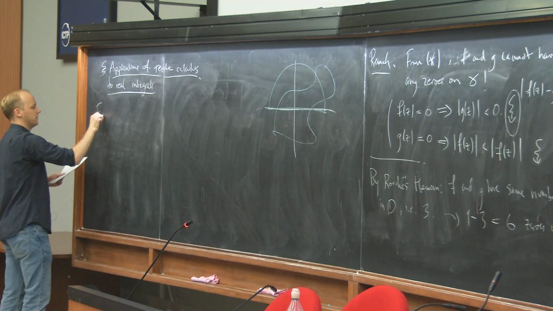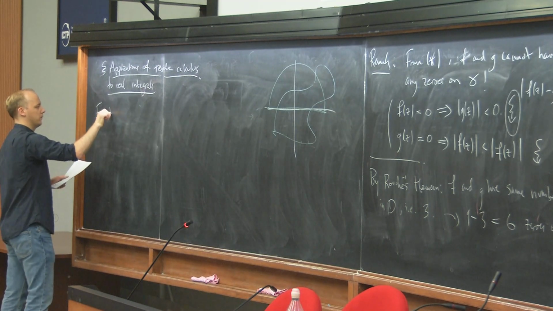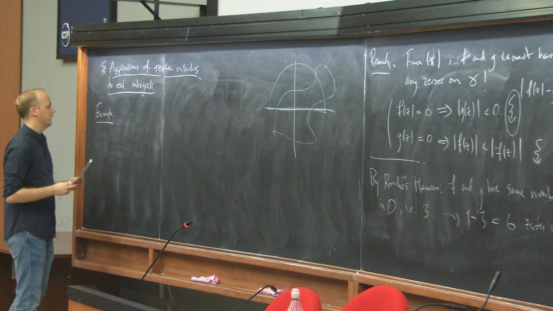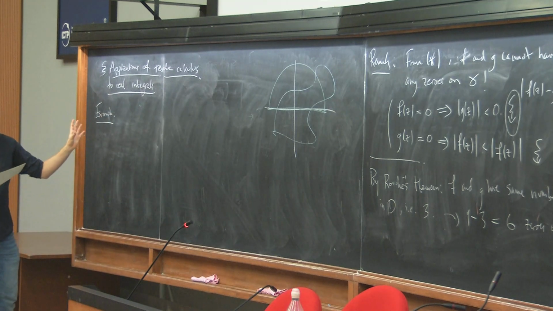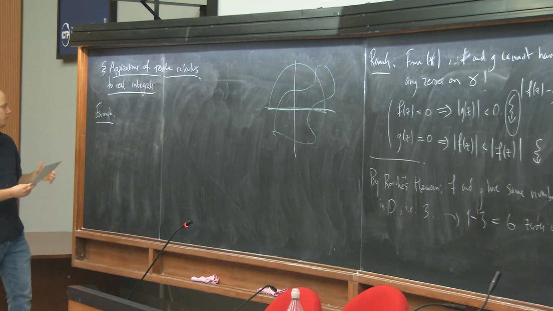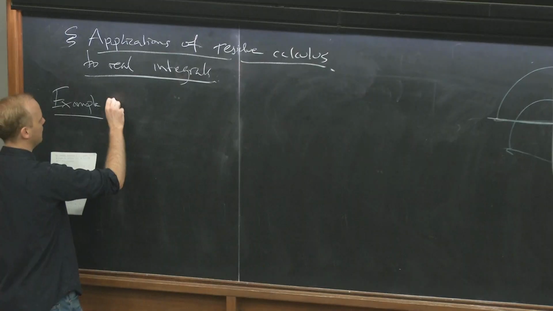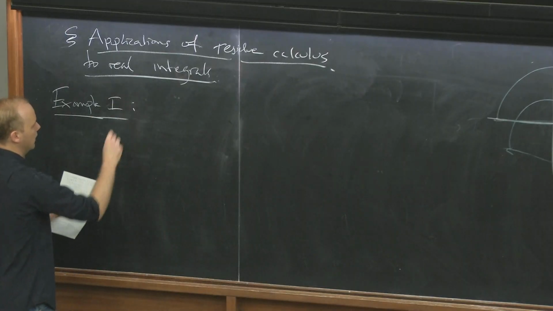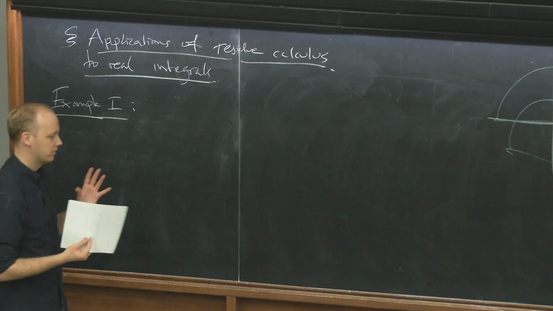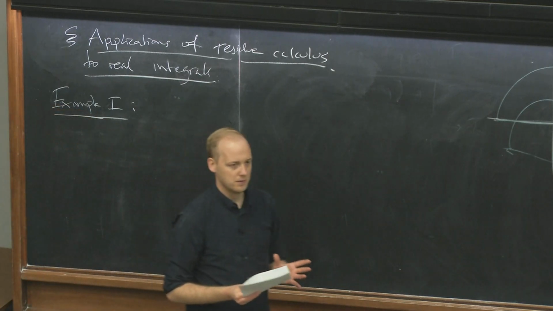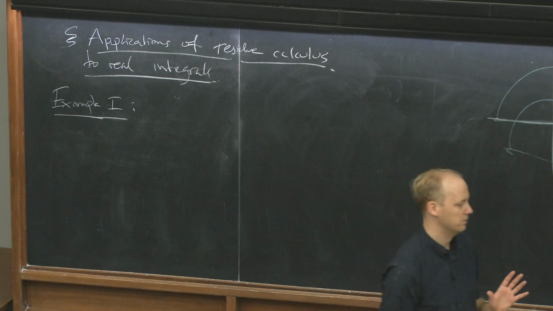So I told you there is a systematic way of categorizing real integrals into 5 types. But first, and what I will do today, is just to give an example of, let's say, medium to easy difficulty of such an integral.